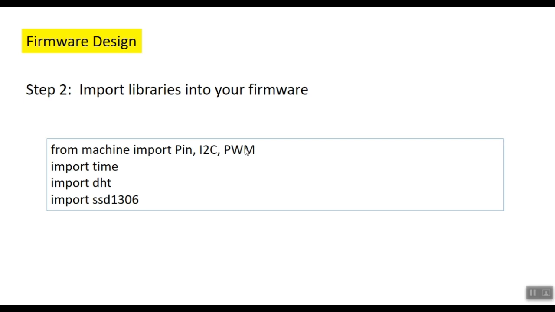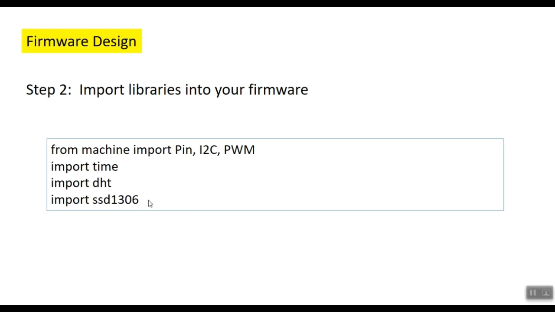And PWM, which is pulse width modulation, helps us generate sound on our passive buzzer. Then we import time, which helps us create delays in the firmware. We also import the DHT library because we need to control the DHT11. And of course, we import the ssd1306 file, which we have saved onto the Raspberry Pi Pico.